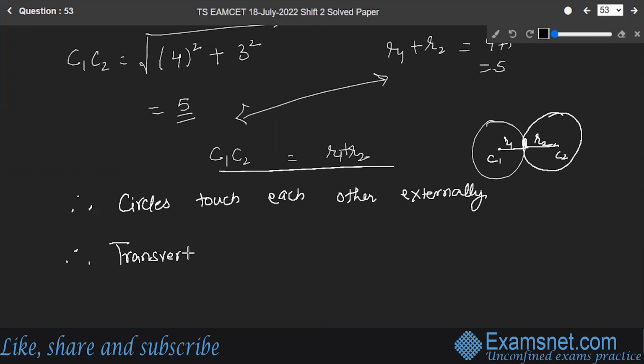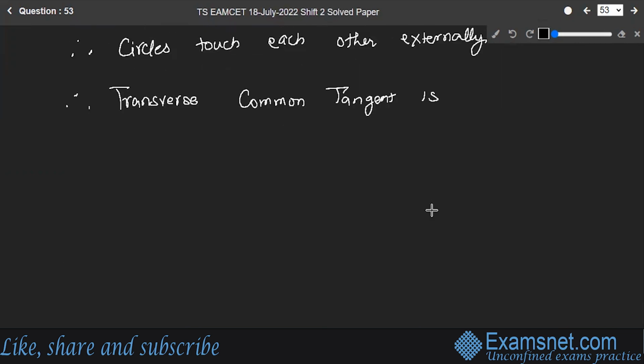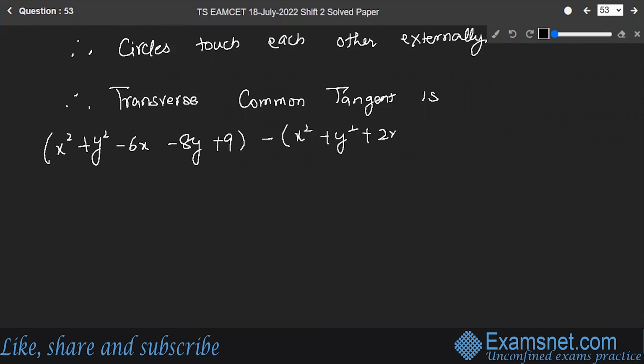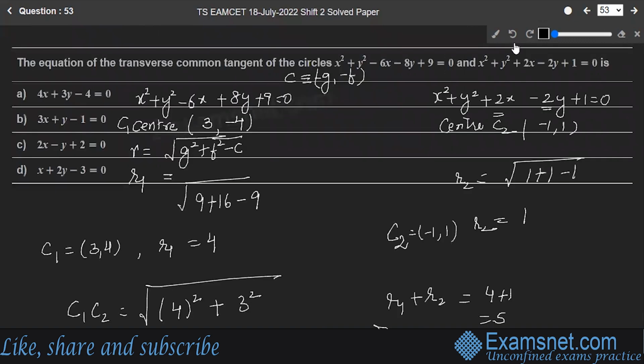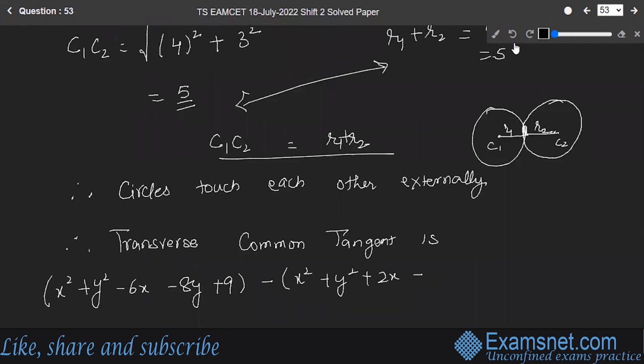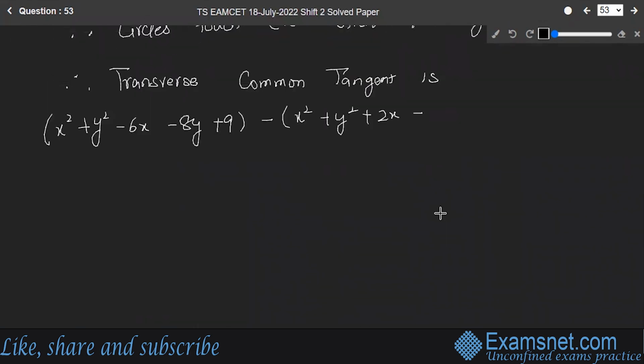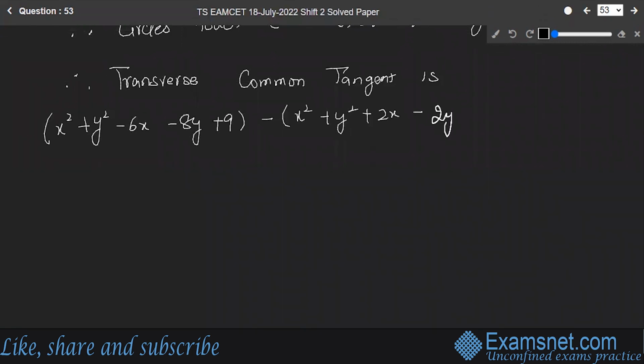Therefore, the transverse common tangent is given by S1 minus S2 equal to 0: x square plus y square minus 6x plus 8y plus 9, minus x square plus y square plus 2x minus 2y plus 1, is equal to 0.